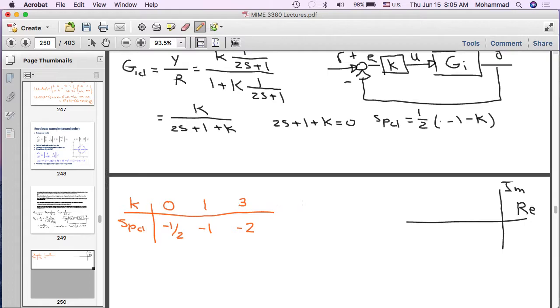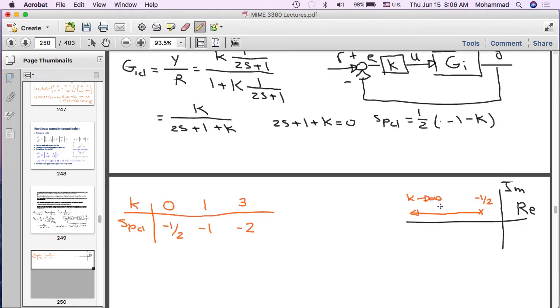As K goes to larger and larger positive numbers, as the controller gain assumes larger and larger values, the pole will go farther to the left on the real axis. At K equals 0, it is located at negative 1/2, and it simply goes towards larger negative numbers as K goes to infinity.